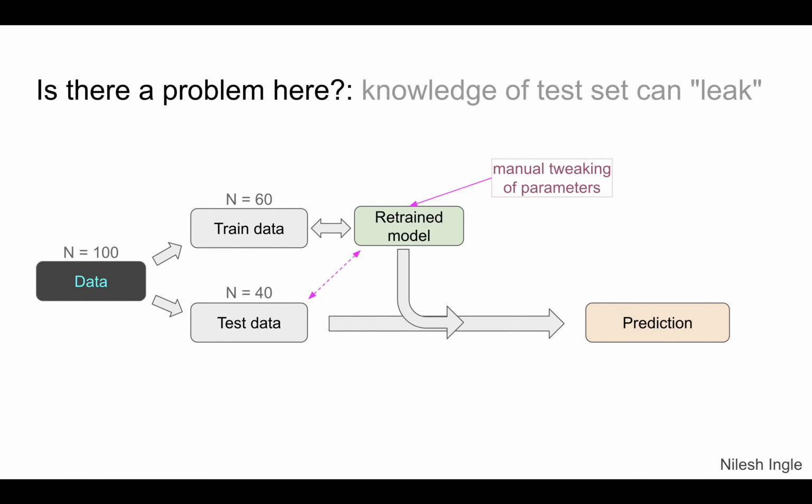Now, is there a problem there? There is. One of the problems is if you have trained data, and you're training a model based on the trained data, and there is a test data that is used to check how well the model performs on an unseen data set, then let's say you have created a model and you check it on the test data set and you get an accuracy of say 80%.